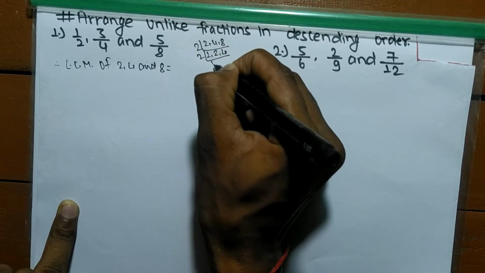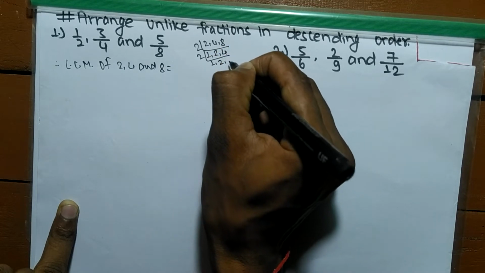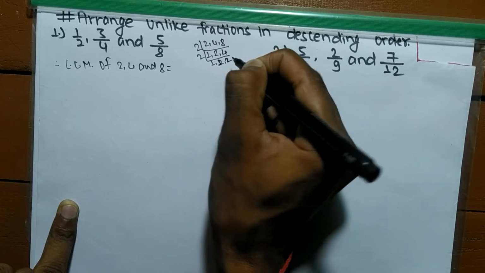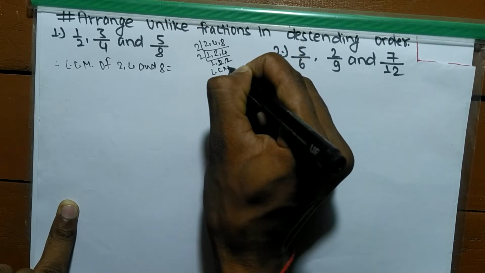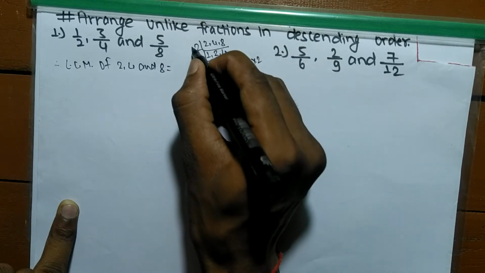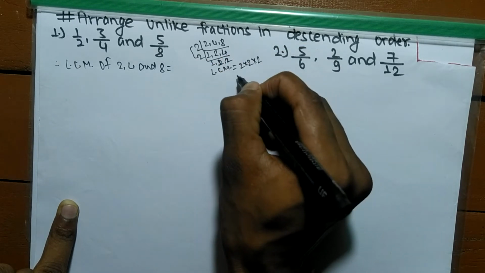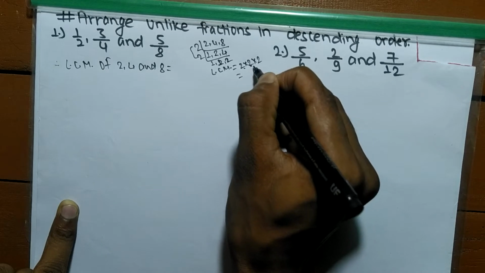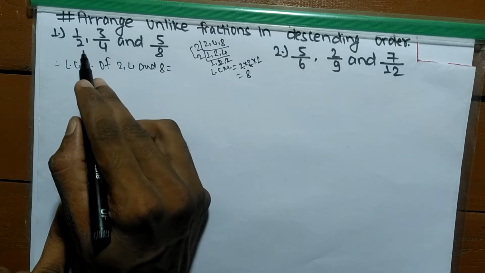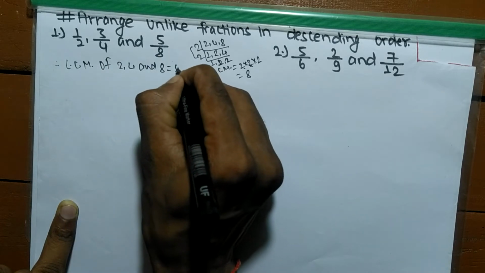So 1 stays as it is, 2 times 2 is 4, 2 times 1 is 2, 2 times 2 is 4. So the LCM here is 2 into 2 into 2. 2 times 2 is 4, 4 times 2 is 8. So the LCM of the denominators 2, 4 and 8 is 8.